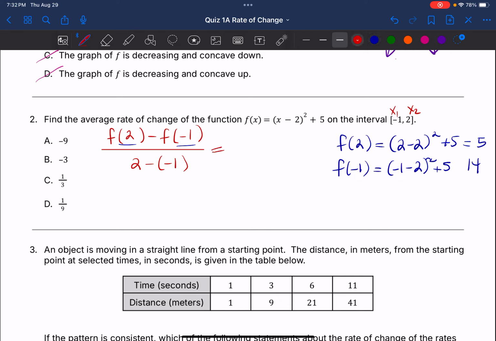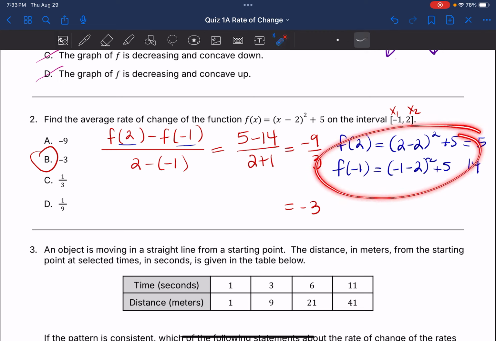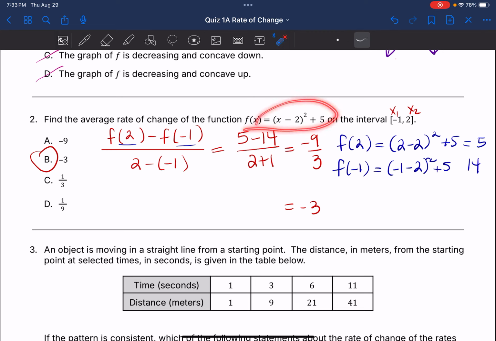So now I really have 5 minus 14 over 2 plus 1. I'm going to go ahead and change this to a plus sign because of that double negative, which gets me negative 9 over 3, which I'm running out of space, but would give me negative 3. So answer choice B. I did do this kind of the long way around. You could graph this and then type it in this way. Either way would work.